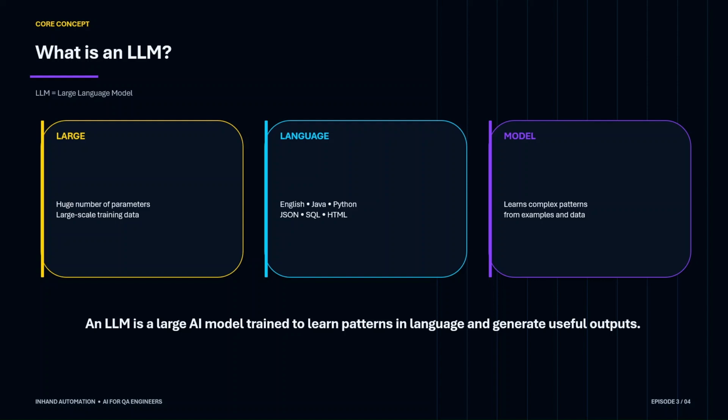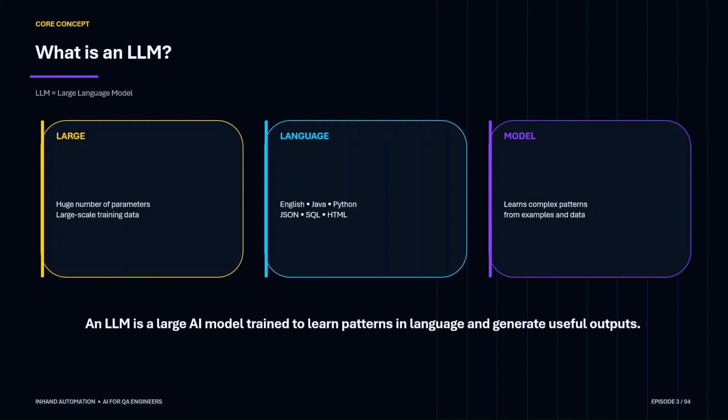A model is basically a system that has learned patterns from data. So a model is pretty similar to machine learning. I hope you remember machine learning from episode 2, right? We said in the machine learning part that machine learning learns patterns from examples. So here the LLM also learns patterns, but it learns incredibly complex patterns across a huge amount of text and code.